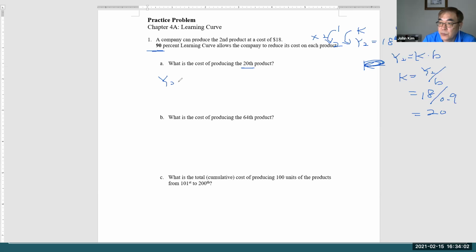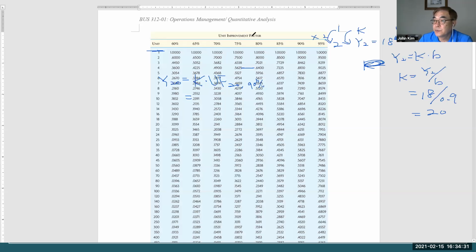So Y 20th equals K times unit factor 20th at 0.9, 90%. I will bring up the chart. Unit improvement factor chart, 20th, 0.9 here, 90%. That is 0.6342.